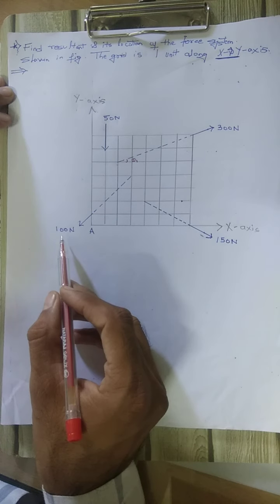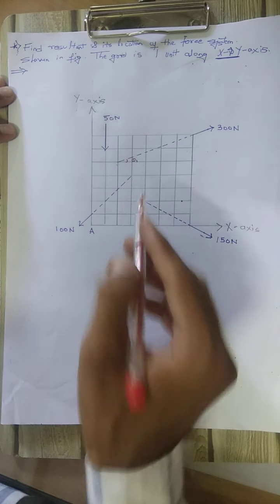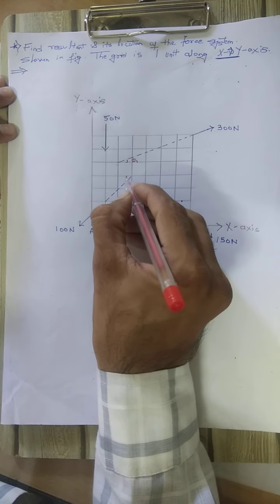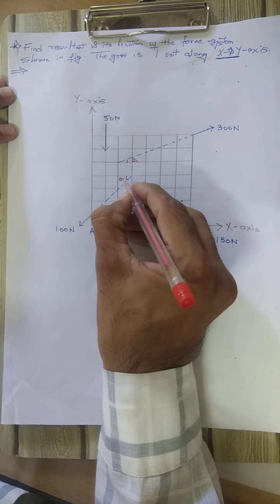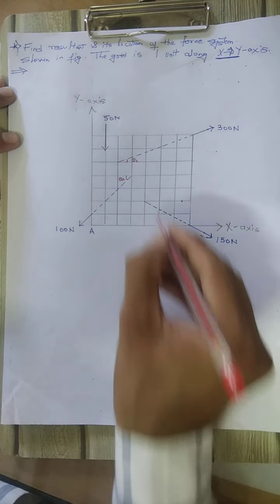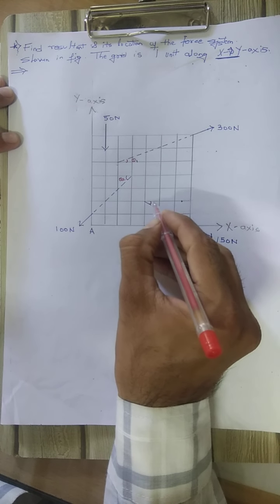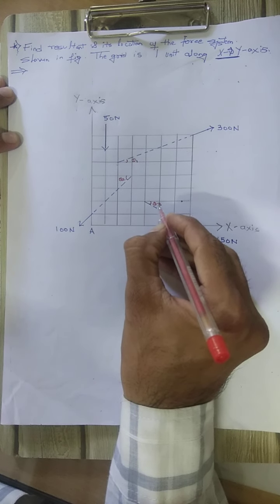Again, for this 100 Newton force, we take the angle along x, and we will call this theta 2. The third force is 150 Newton; again with respect to x, we will call this theta 3.